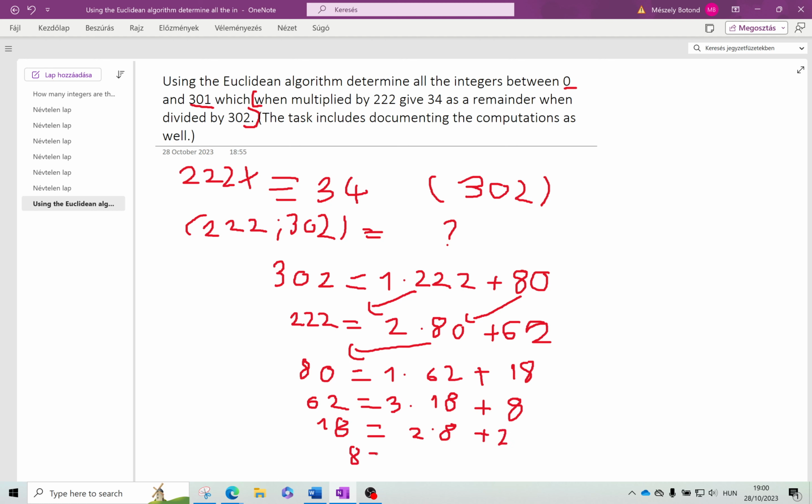Then 8 comes here, and 2 comes here, and 4 times 2 is 8, so the remainder is plus 0. We got to the end of the algorithm. Then we get this number. This remainder will be the largest common divisor. It's 2, so we get 2.